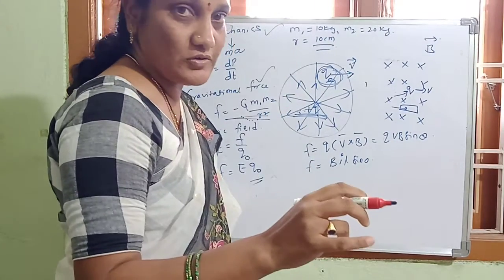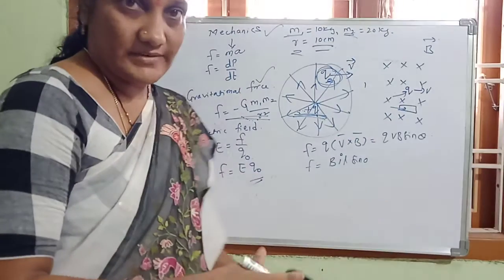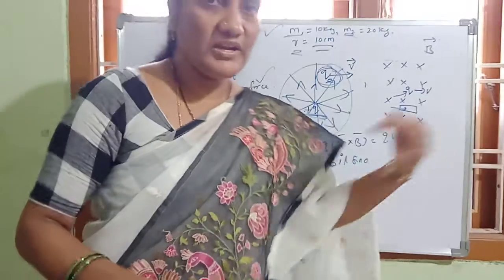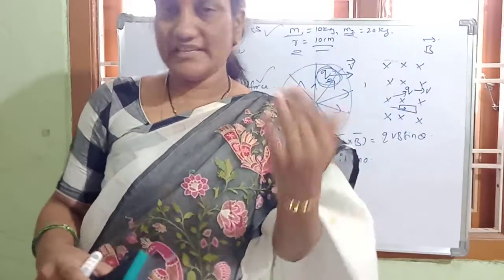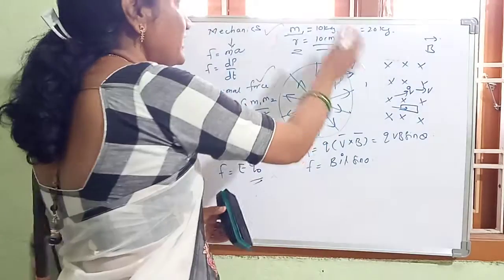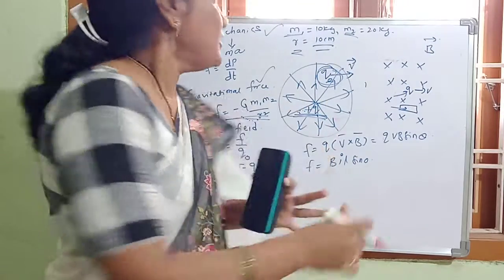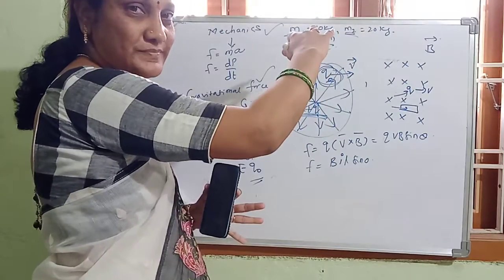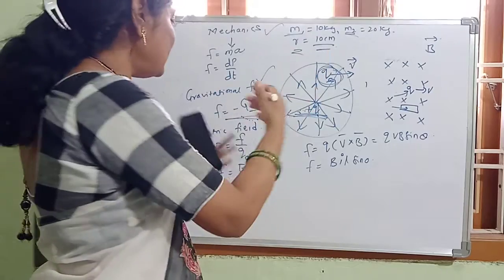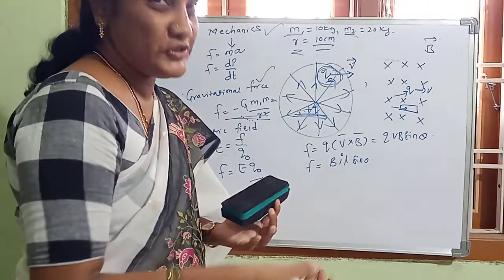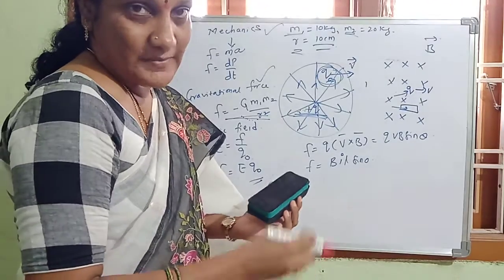First read the question, then write down the parameters: M1 is 10 kg, M2 is 20 kg, and they are separated by 10 centimeter distance. After writing down the parameters, think about the formula which relates these terms, substitute the values in that formula and solve the problem.